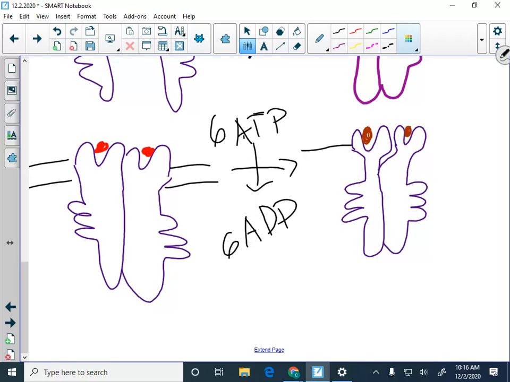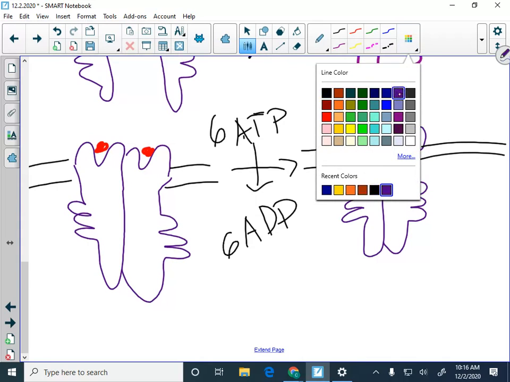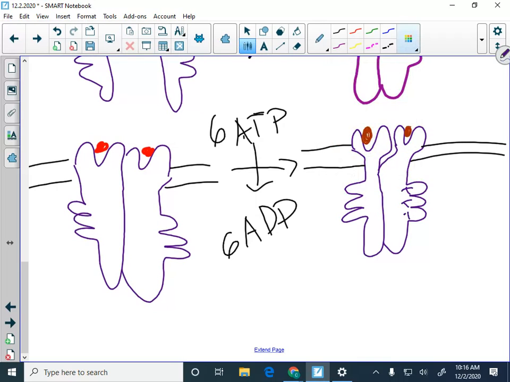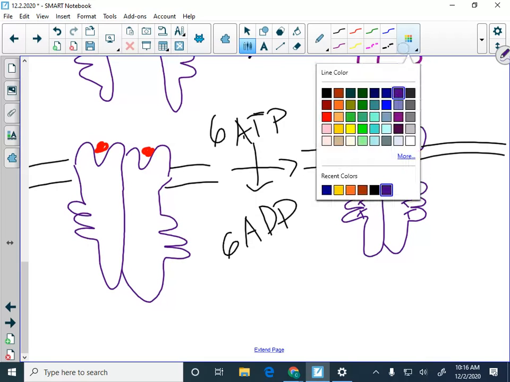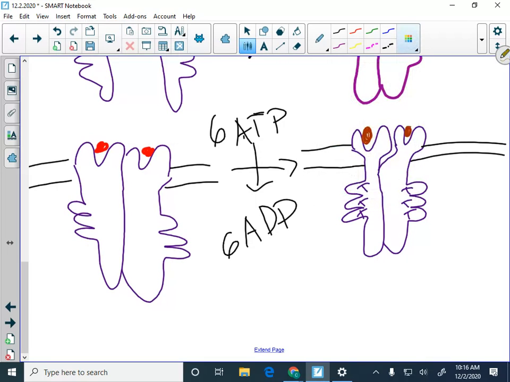This is the same membrane. Now, each one of these little nubs is our tyrosine. And because this is a tyrosine kinase, we are going to take our phosphate groups from our ATPs and we're going to tack them on to our tyrosines. This is a fully activated phosphorylated dimer.